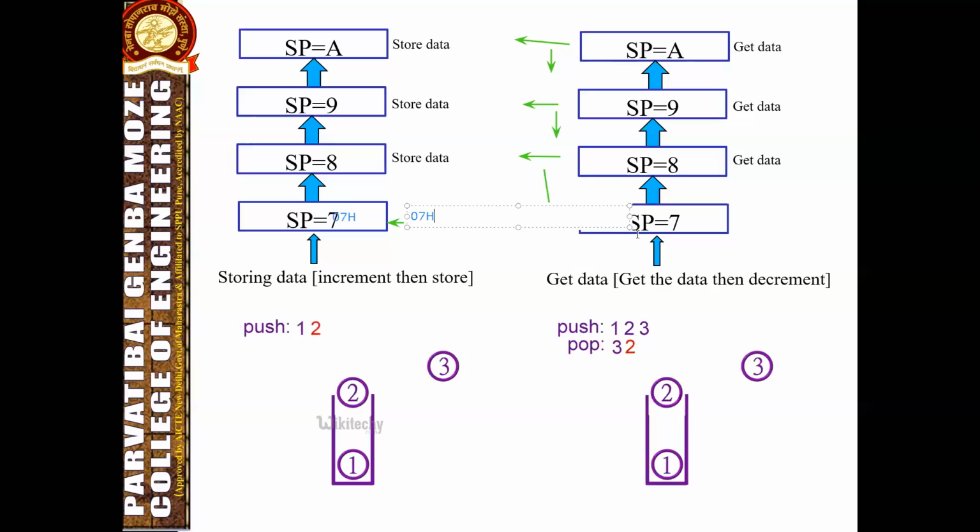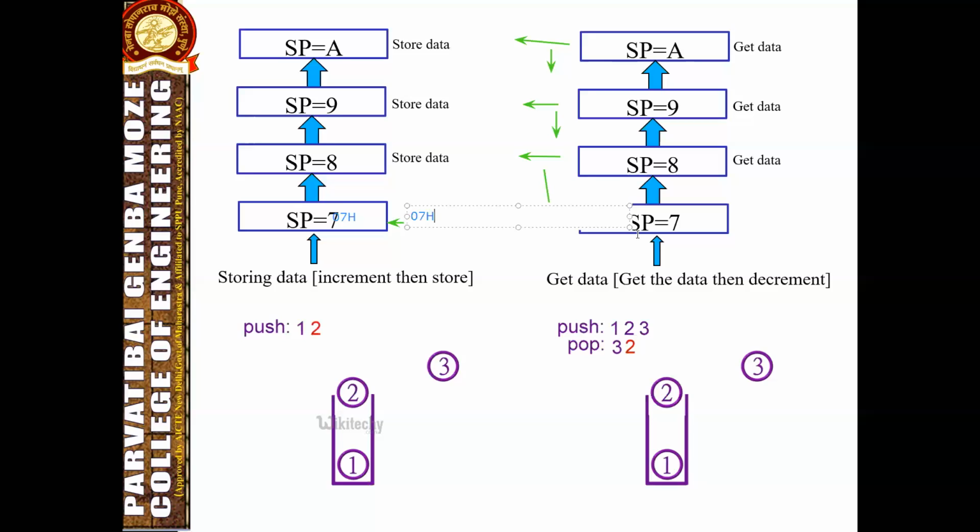The locations 08H to 1FH in the 8051 RAM can be used for the stack. Normally 08H to 1FH is generally used as the location for the stack in the RAM.